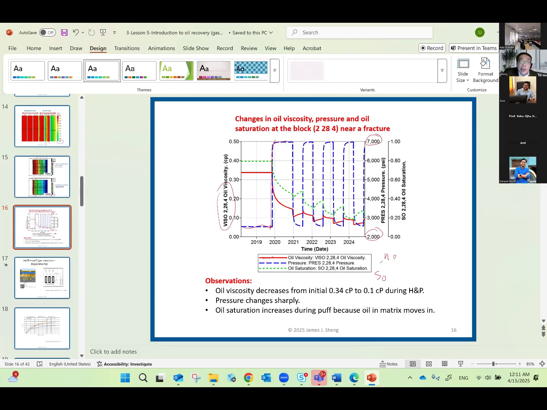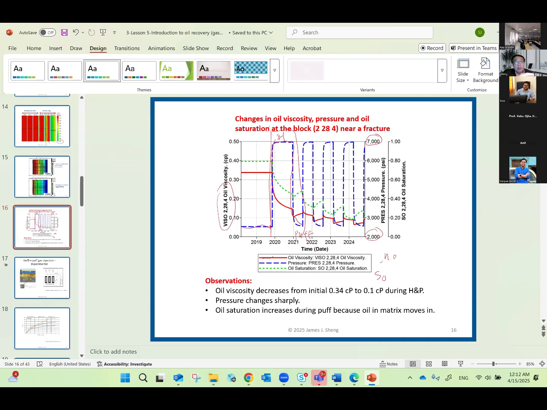So this is the huff time. Then you puff, you produce. If you produce, then immediately pressure is going to reduce. All right. So this is the puff. Okay. So basically this is one cycle, half one cycle.